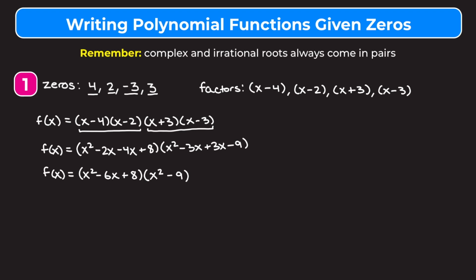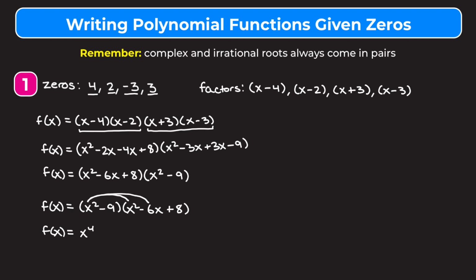And now we have to multiply this trinomial by this binomial. So I'm going to rewrite it with the binomial first because I think it's easier to multiply that way. You don't have to, but I think it makes the problem a little bit easier. So now what we're going to do is not quite FOIL, but we're going to distribute this x squared into the second set of parentheses and distribute the -9 in. So if we distribute the x squared, x squared times x squared gives us x to the 4th.